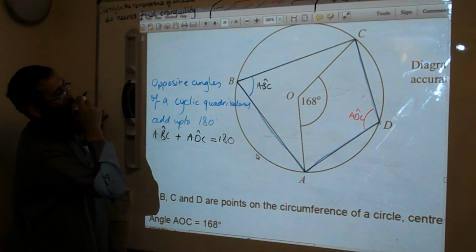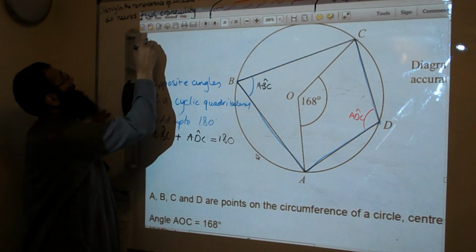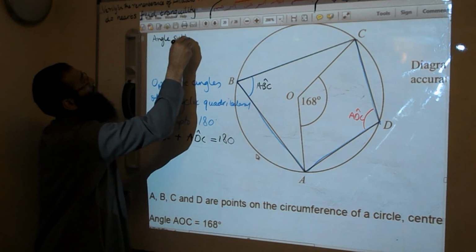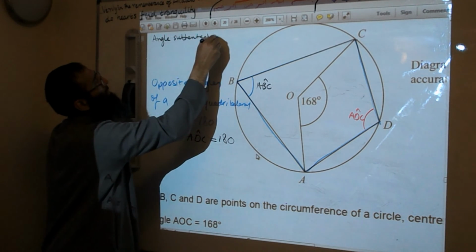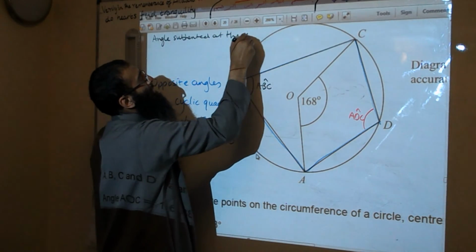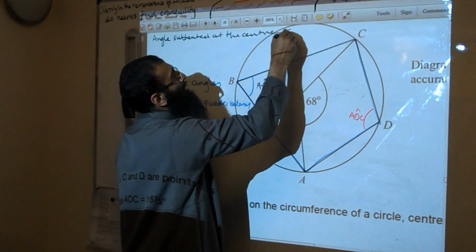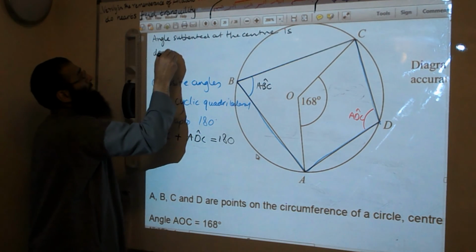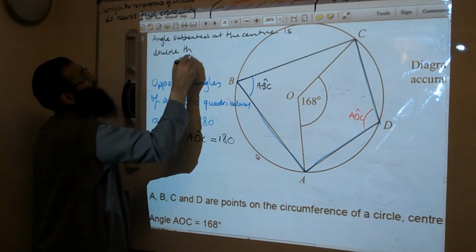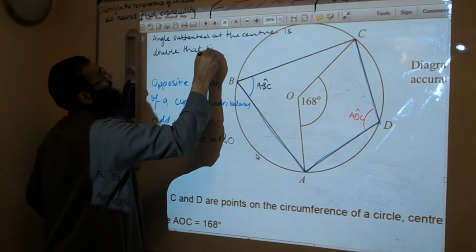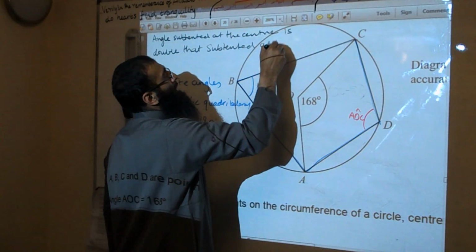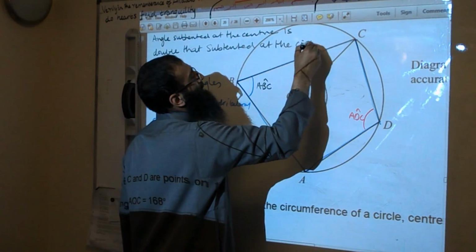Okay, oh, so no, angle subtended, that was it, at the centre is double that subtended at the circumference.